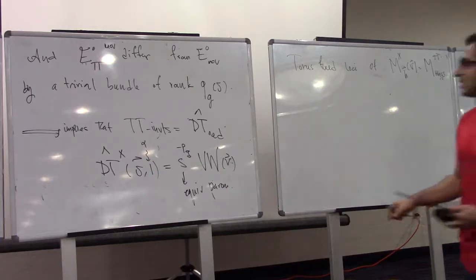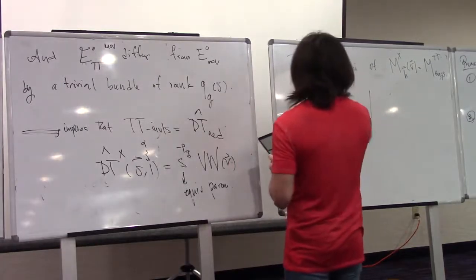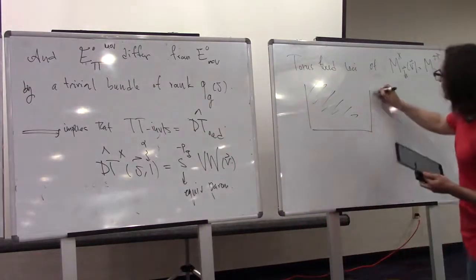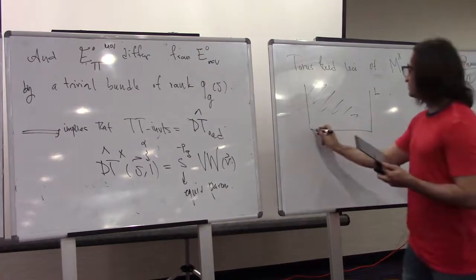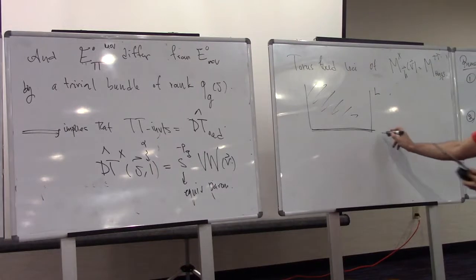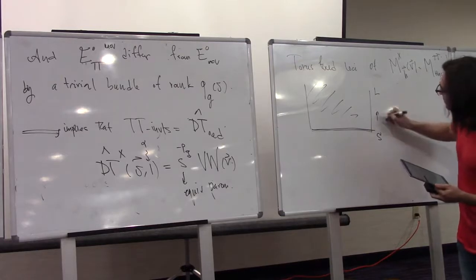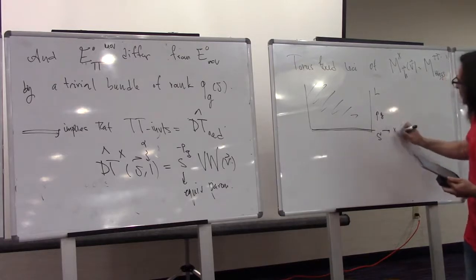So let's make one example. Let's go one dimension lower and think about twofolds. Let's say I have a twofold. I have this line bundle over this complex line. So this is the analog of my S. And let's say locally, I would like to look at my sheaves locally. So let's say this is the y-axis and this is the x-axis.